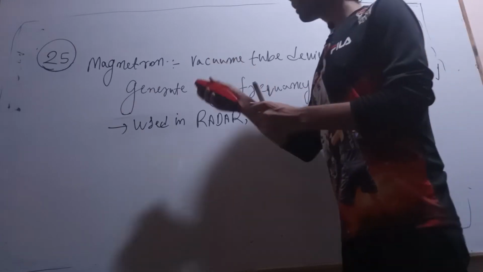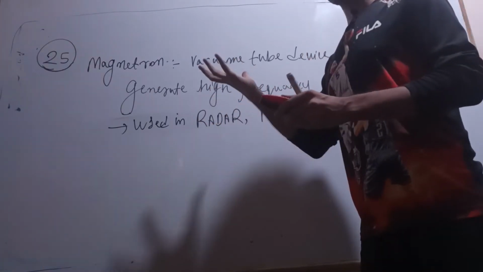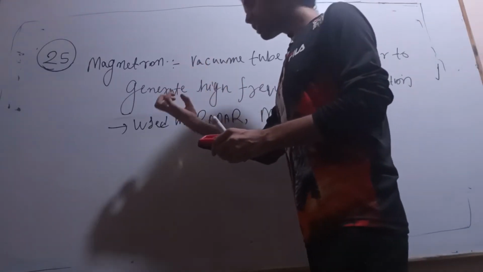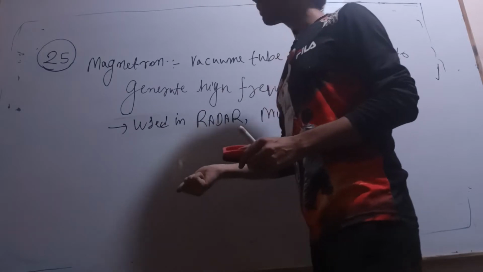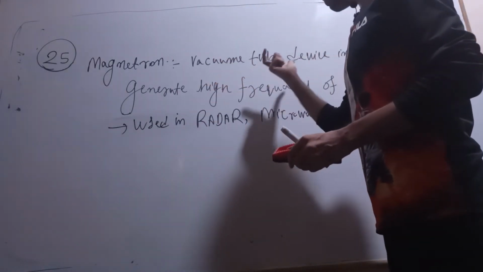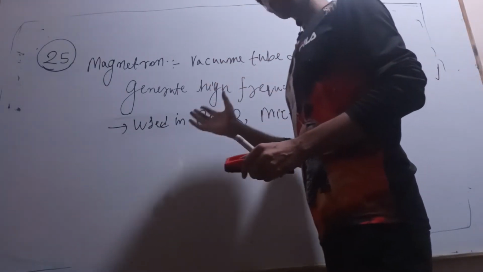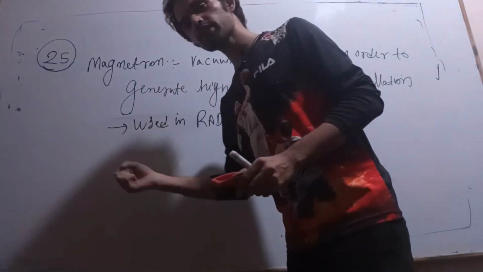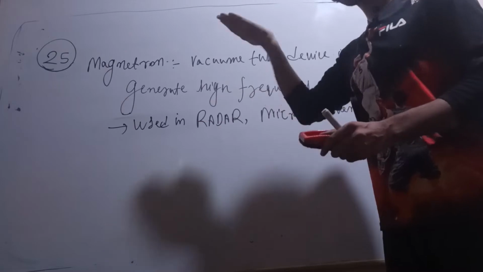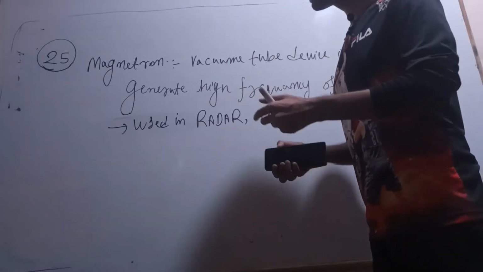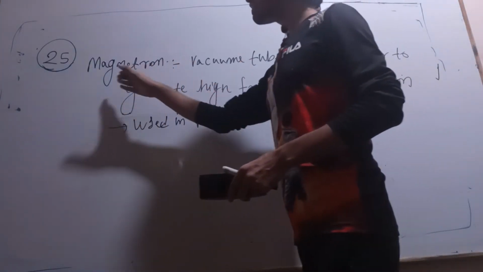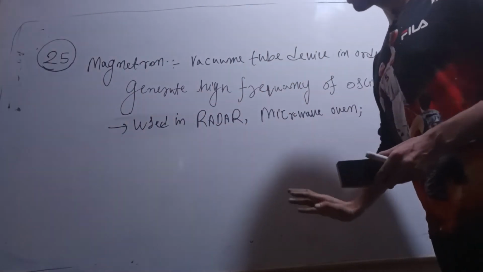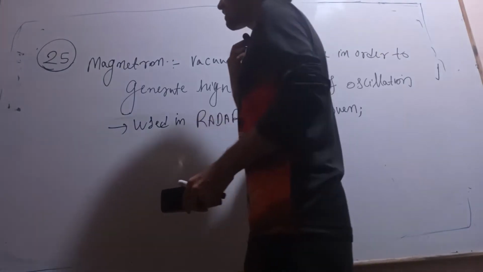Here we want to energize the radio frequency signal. In order to energize it, we use the magnetron, a vacuum tube device, to generate high frequency oscillation so that the RF signal gets the energy. How do we do this? Its working principle is totally based on LC oscillation.